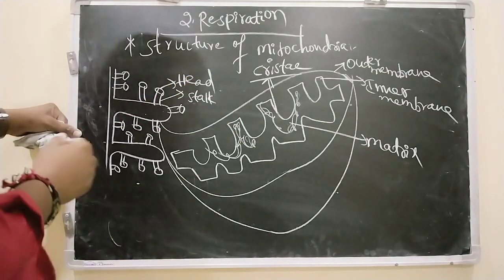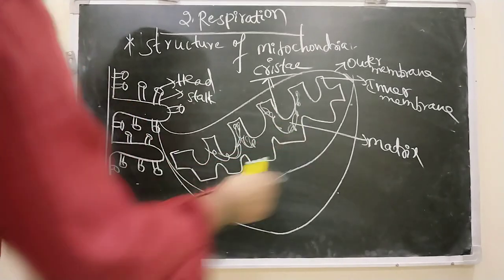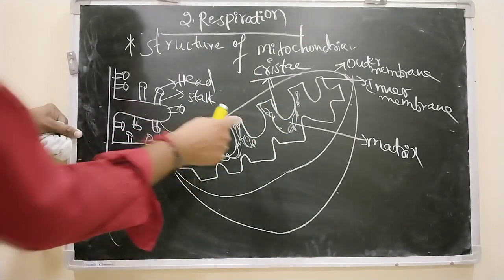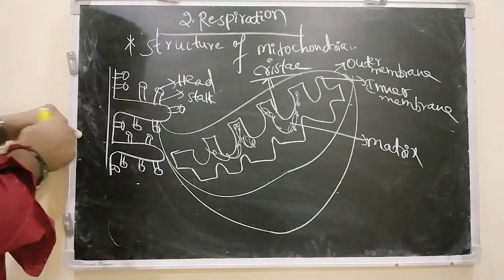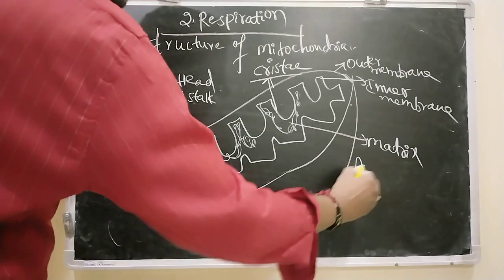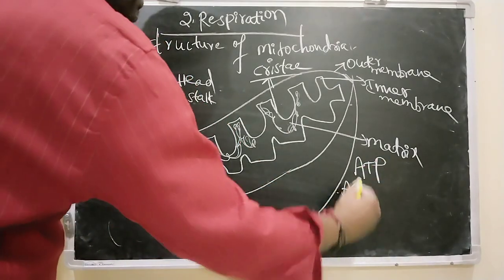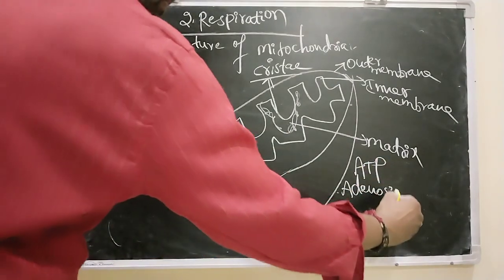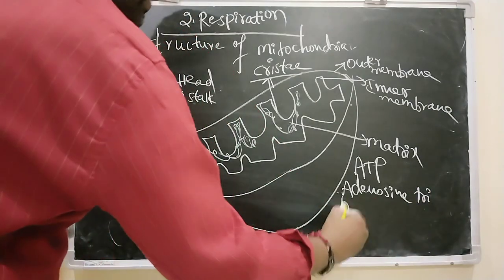What is the function of mitochondria? Mitochondria perform respiration in the cell and store energy in the form of ATP. ATP is nothing but adenosine triphosphate.